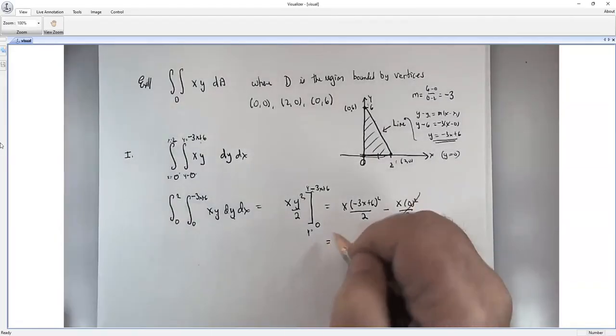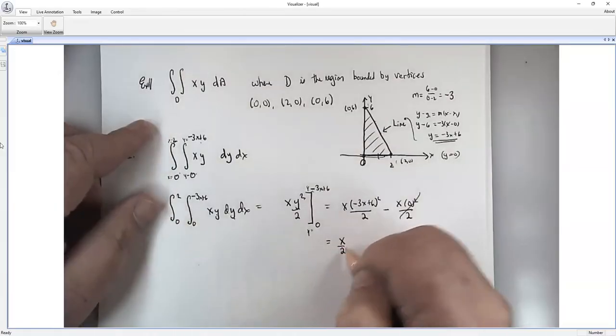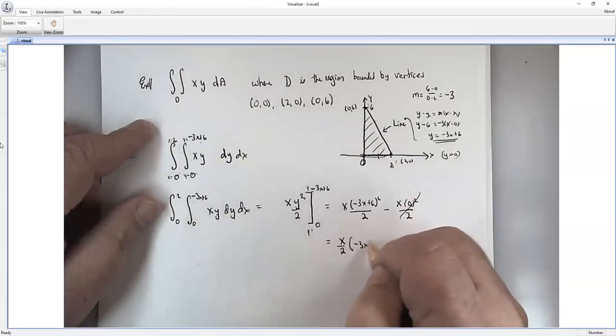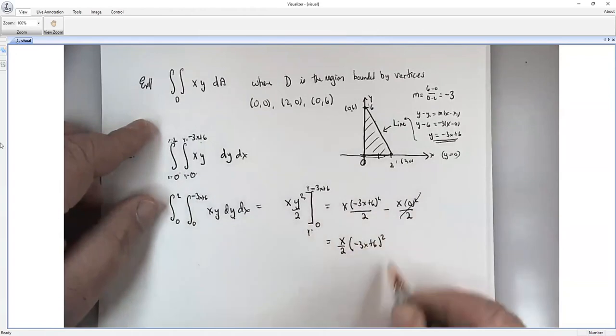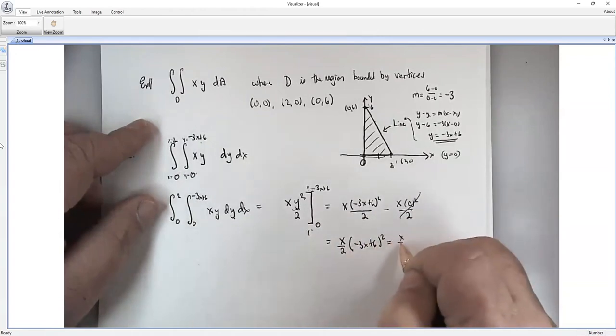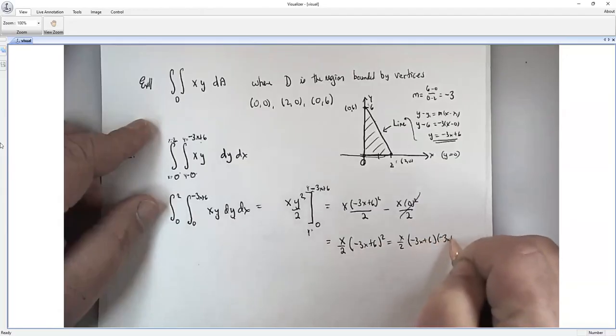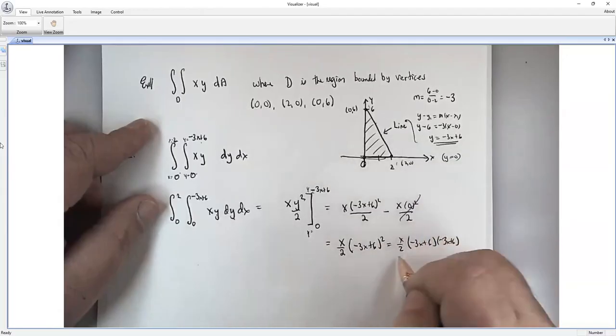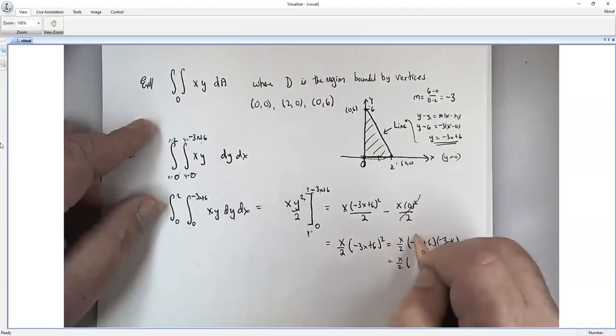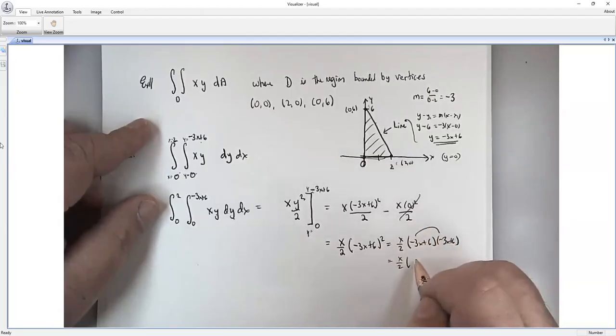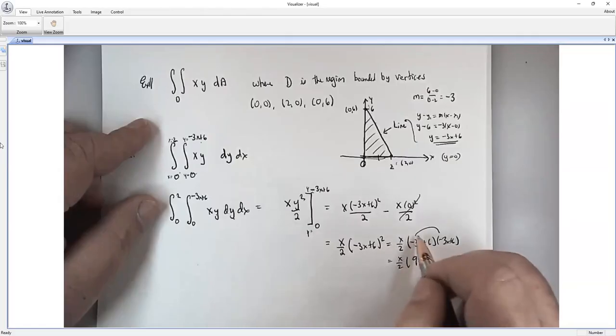So this is equal to x over 2 times negative 3x plus 6 squared. Well, I'm going to FOIL that out. So that's x over 2 times negative 3x plus 6 times negative 3x plus 6. And I'm going to FOIL this out. So this is x over 2 times negative 3x plus 6 and negative 3x plus 6 is 9x squared.